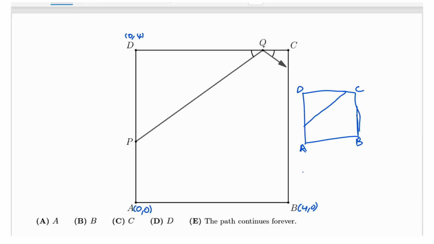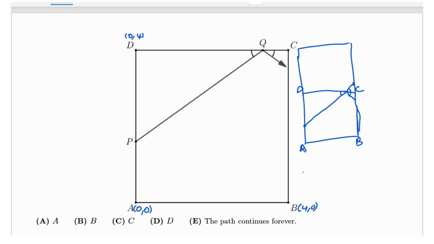What we do for this problem is you see that you can make the line from P to Q that bounces around into a straight line by reflecting this square, right? So for example, if we reflected this over this way, then what used to be this would become this. And so now these points are all on a straight line. And that is because this angle is equal to this angle is equal to that angle. They're vertical angles, and so they're collinear.